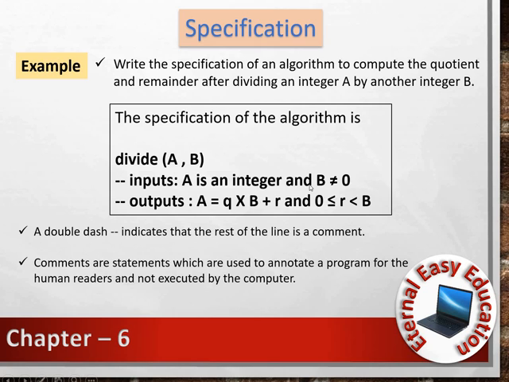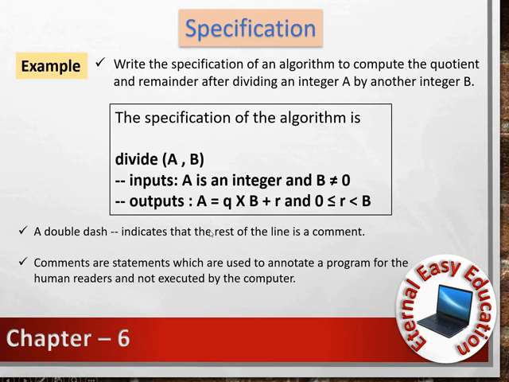We have not yet started writing programs, but when you start writing C++ programs, you will use comments many times. A comment is not executed by the compiler. The compiler is what executes a C++ program, and it will not consider the comment line. That is for humans to understand the program.